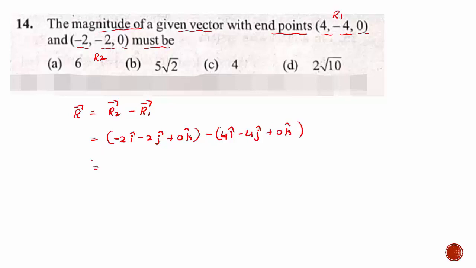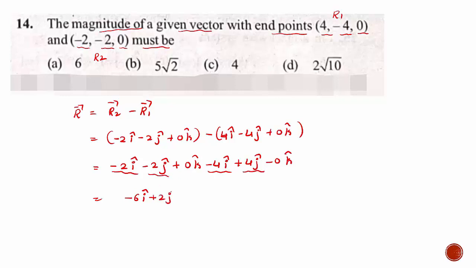Subtracting these two values: -2 i cap minus 2 j cap plus 0 k cap minus 4 i cap, minus into minus is plus 4 j cap, minus 0 k cap. -2 i cap minus 4 i cap means minus 6 i cap. Minus 2 j cap plus 4 j cap means plus 2 j cap.